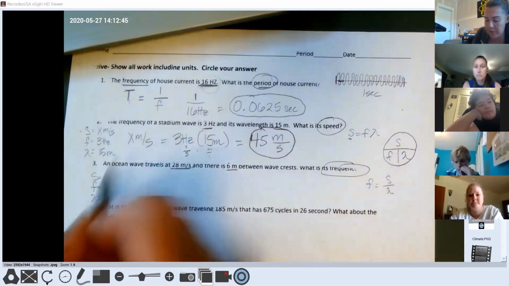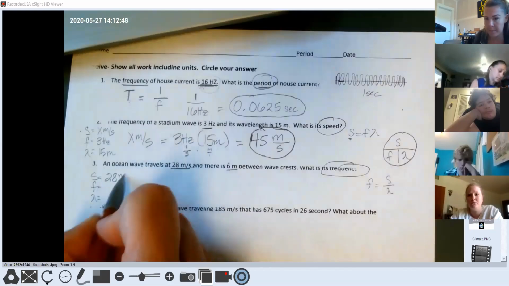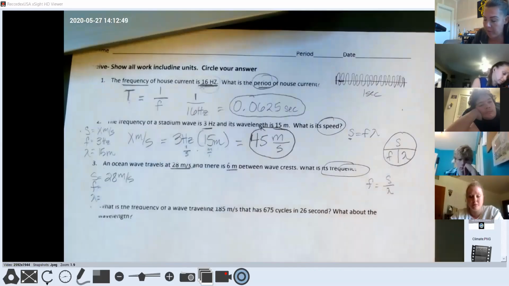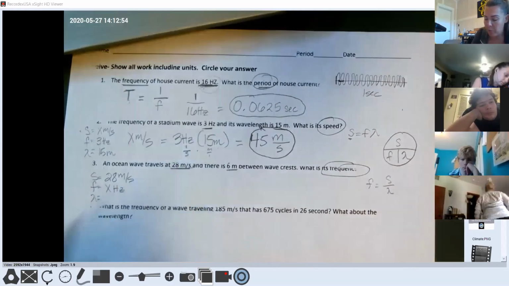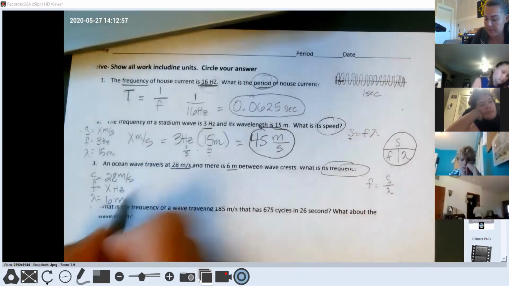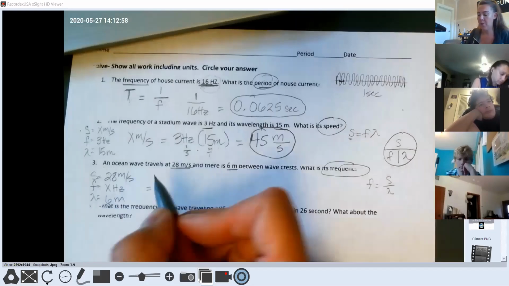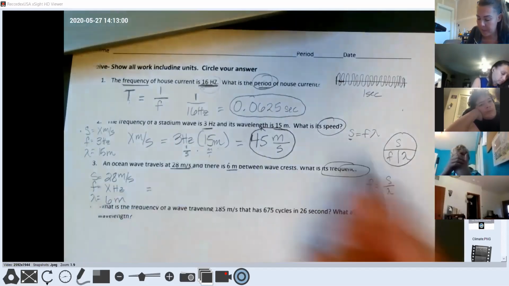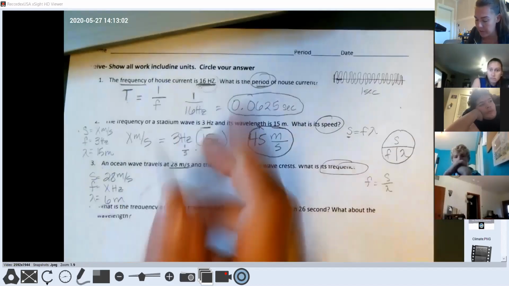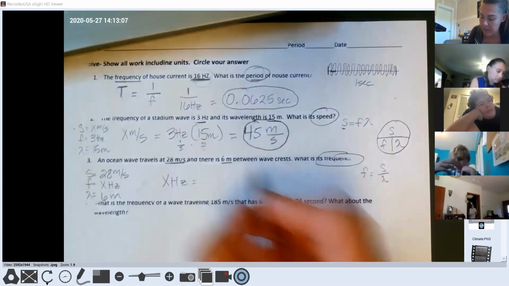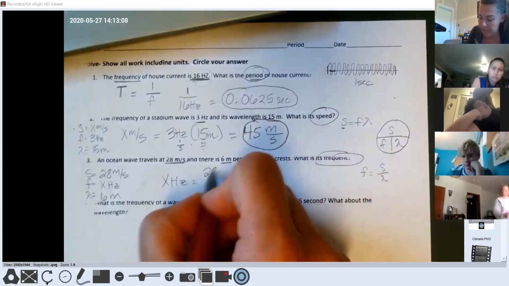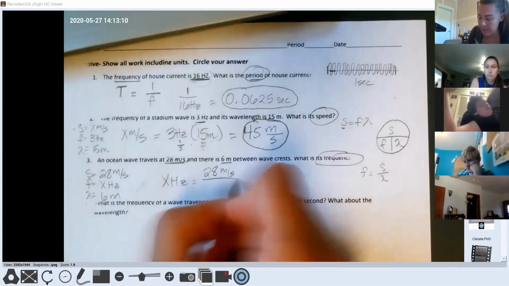So we're given 28 meters per second. And our frequency is what we're looking for. That's going to be x hertz. And our wavelength is going to be 6 meters. So we're going to plug it into this equation, and we're going to say x hertz, frequency, what we're looking for, equals our speed, 28 meters per second, divided by 6 meters.